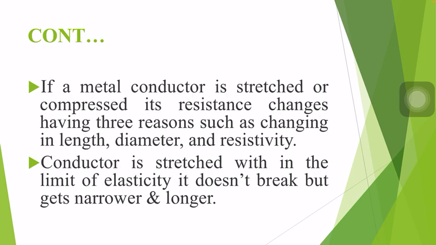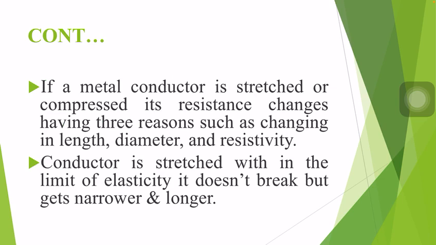If a metal conductor is stretched or compressed, its resistance changes for three reasons: its length changes, its diameter changes, and its resistivity changes. A force is applied to this conductor so that it gets stretched, or sometimes we apply forces so that it gets compressed.